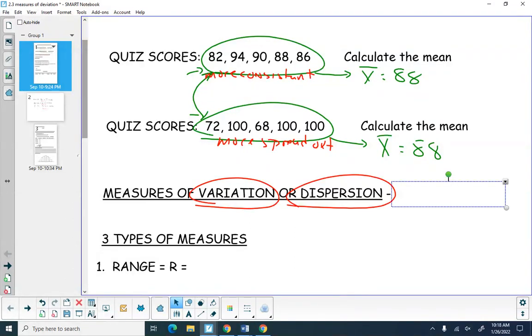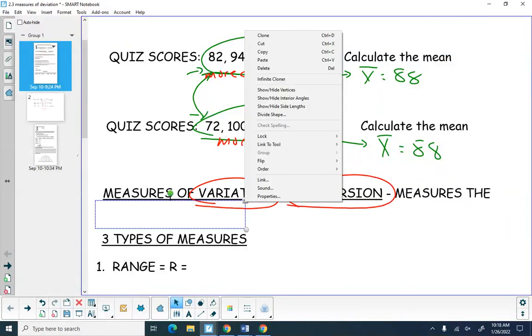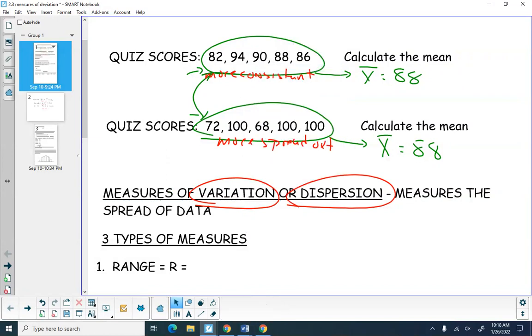When we talk about measures of variation and dispersion, these are measures of the spread of data. How is the data spread? Are they closely packed or are they spread out?